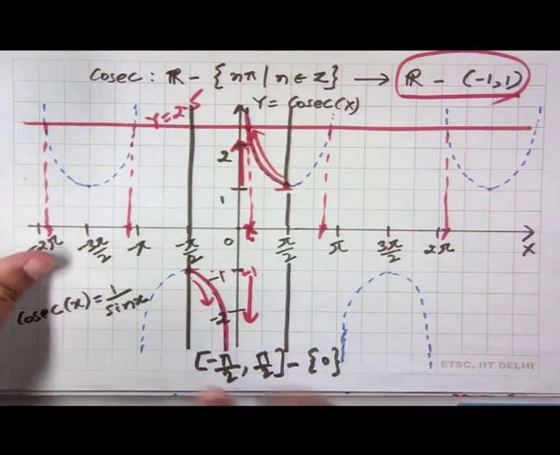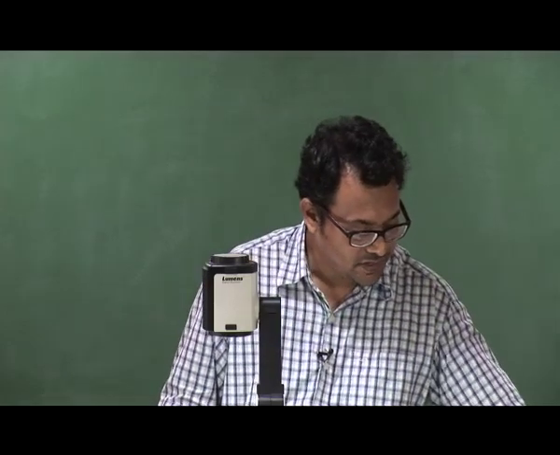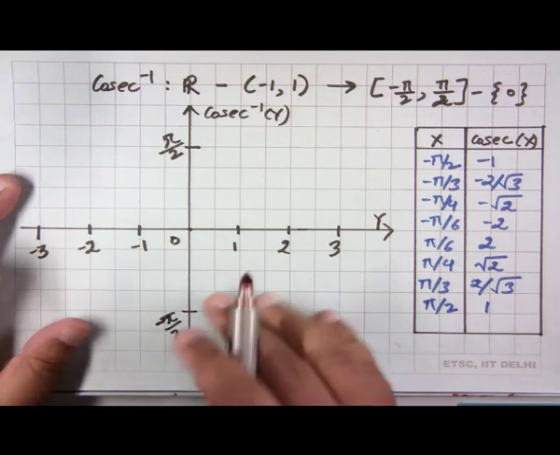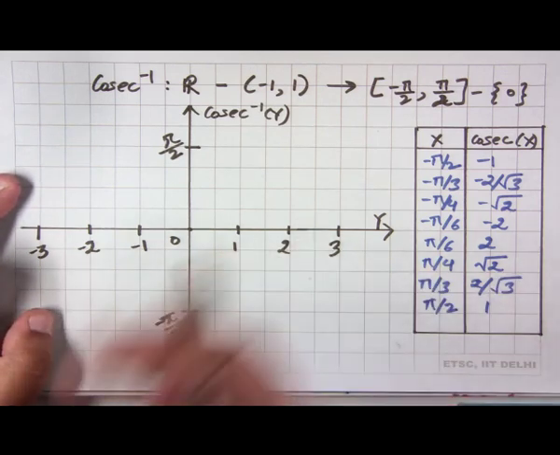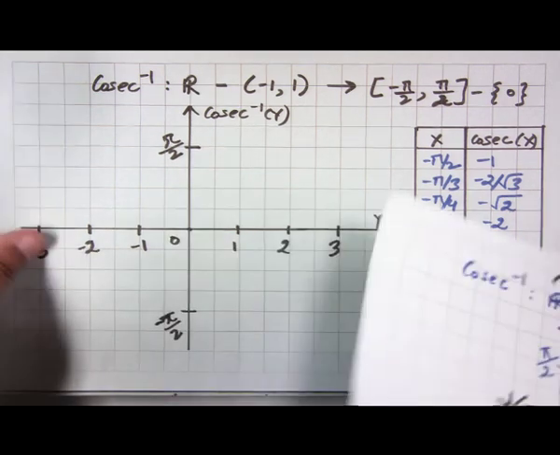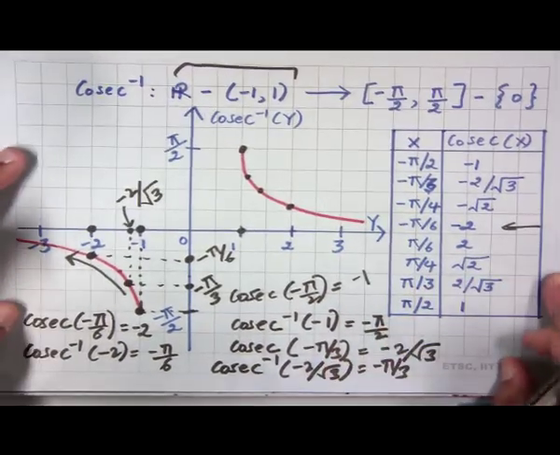And therefore, again by doing this restriction, we should be able to meaningfully define the inverse of the cosecant function, which I will try to plot in this slide here, and this can be done just similar to what we have been doing for the other functions, and I will quickly show you how it looks. So, this is how it looks.